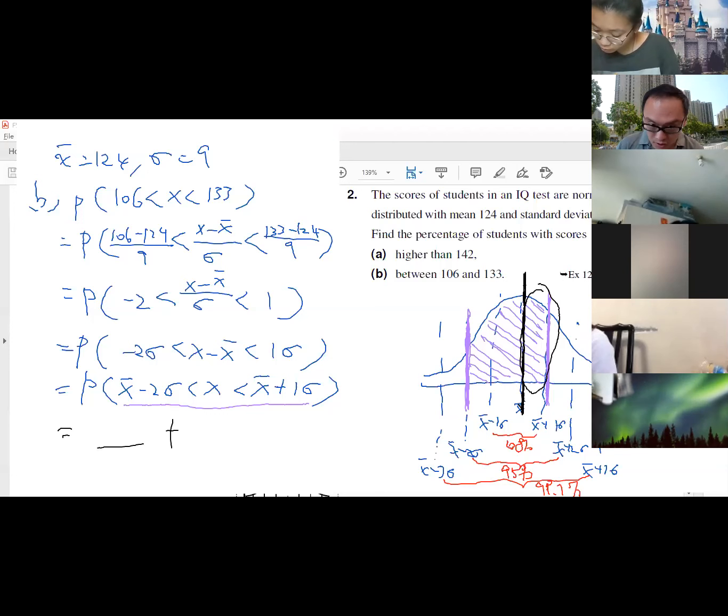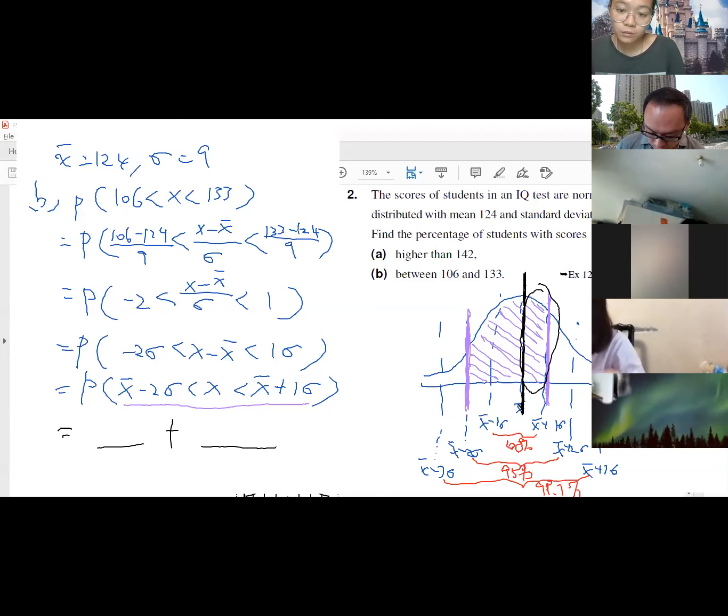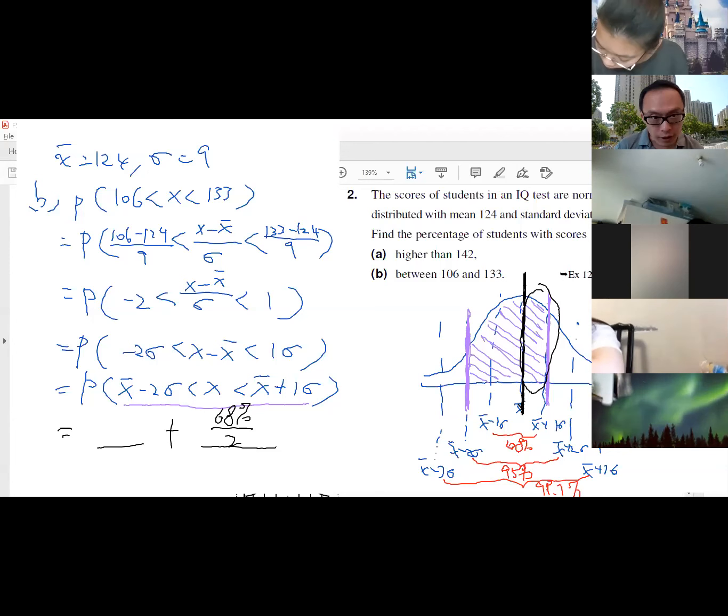So we have two parts. The second part is 68% divided by 2. Okay? How about the first part, the left hand side? Should be half of 95%. Can you see this?